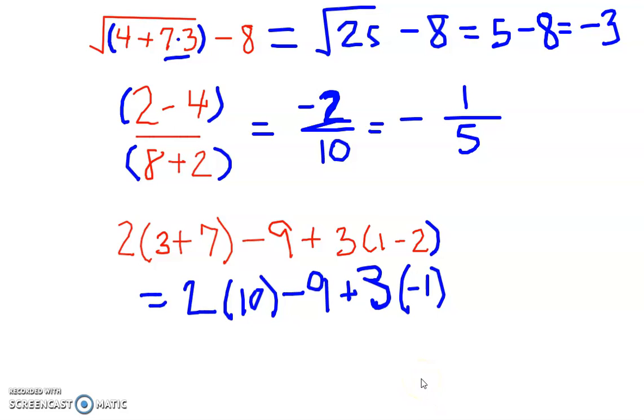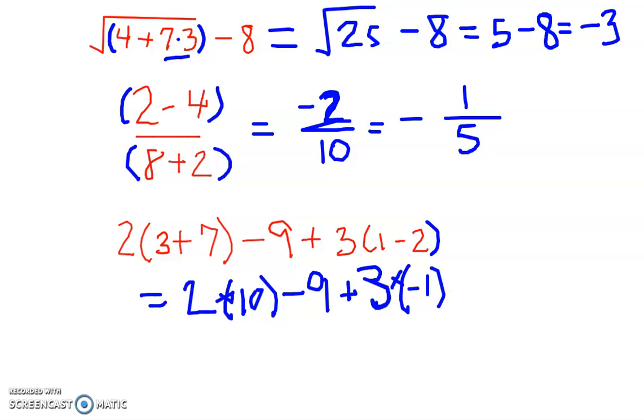So now I'm left with a problem that has an expression that has multiplication, subtraction, and addition. I have 2 times 5, so there's multiplication here. I've got minus 9 plus 3, and this is times negative 1. I've just indicated that by keeping that negative 1 in parentheses.